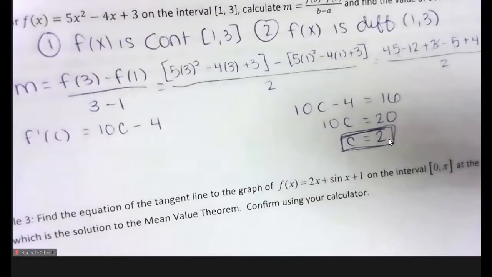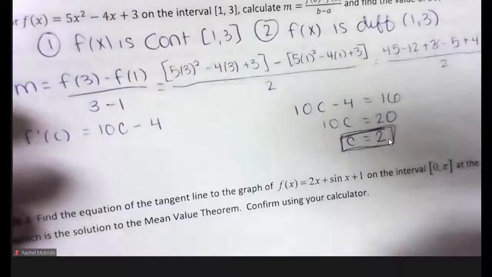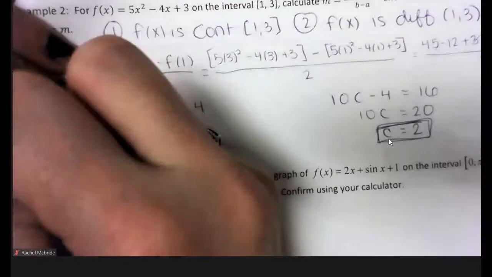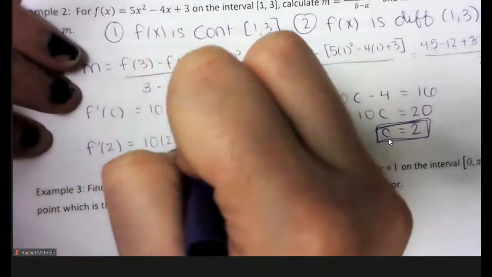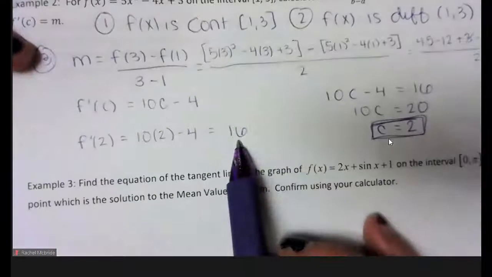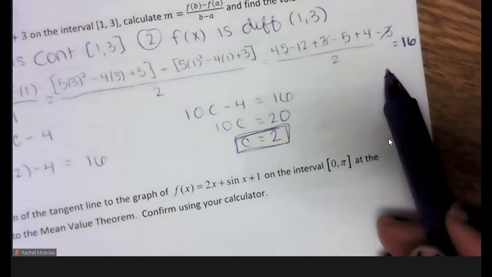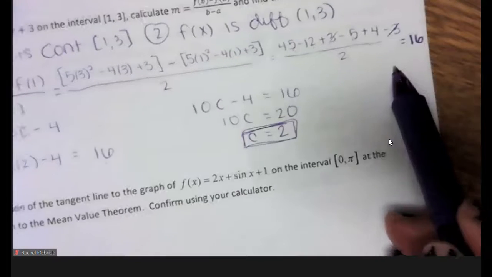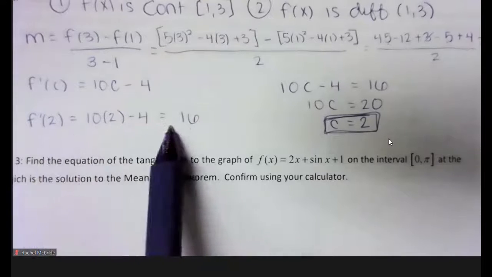So what that means is, if I found f prime of 2, my value of f prime of 2 is the same value as the slope of the secant. So this represents the slope of the tangent, or an instantaneous velocity.